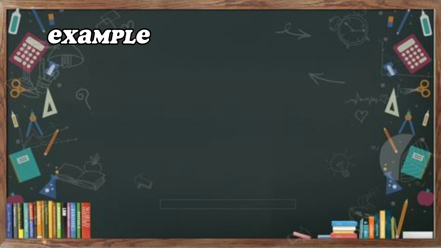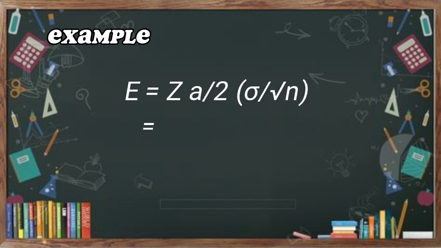Now, let's first find the margin of error. E is equal to z sub alpha half times population standard deviation over square root of n. Z sub alpha half is 1.645. The standard deviation is 9 and the sample size is 50.